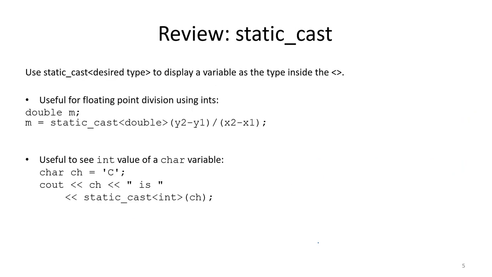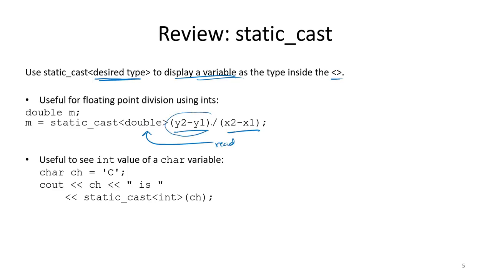Once again, just to quickly recap static cast, remember how static cast works is you put the desired type in the triangular brackets. So we use this to temporarily read or display the variable as the type inside the triangle brackets. For example, if you wanted to find the slope and x and y might be integer values, you could use static cast double to read.